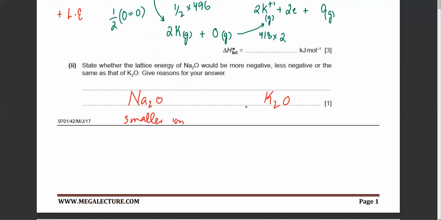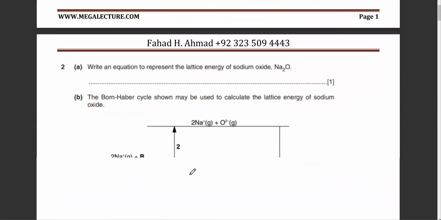So which one is going to be the stronger lattice? Sodium. ठीक है? So sodium is going to be the stronger lattice because smaller ions always make stronger bonds. So it's going to be more exothermic, this one. And you're going to write that since they have the same charge, it has a smaller ionic radius, so it's going to make stronger bonds. It has greater charge density. So you're going to talk about the charge density in this case.